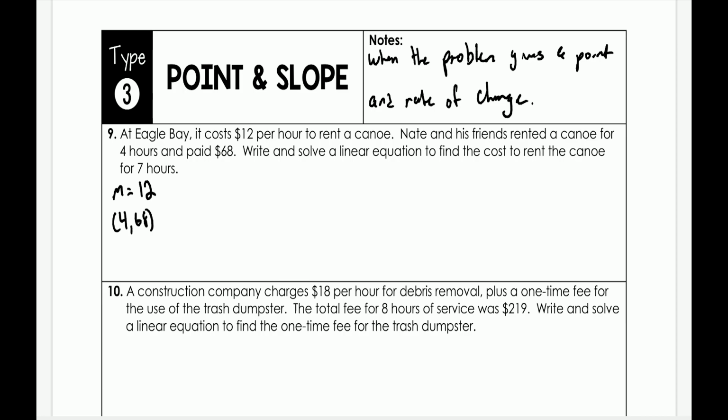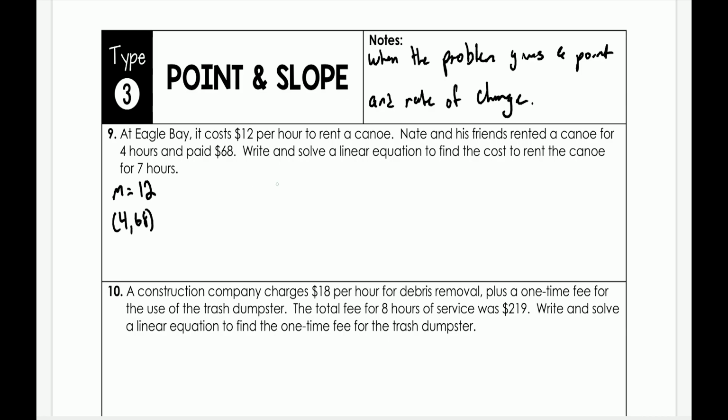We can use the point-slope form to determine the slope-intercept form, and then we can use the slope-intercept form to help us determine the end question. So we need to discover how much it would be to rent the canoe for 7 hours. So let's go ahead and work on this.